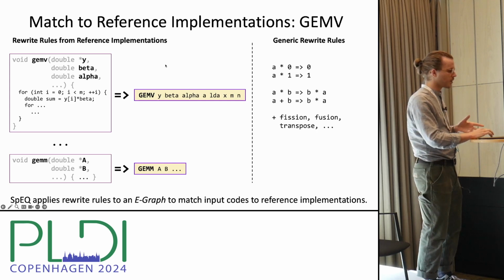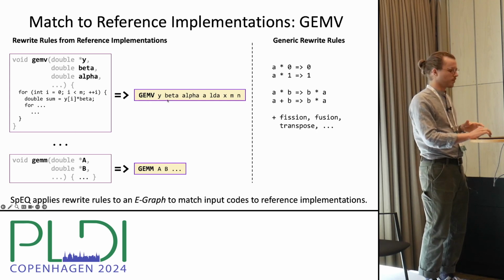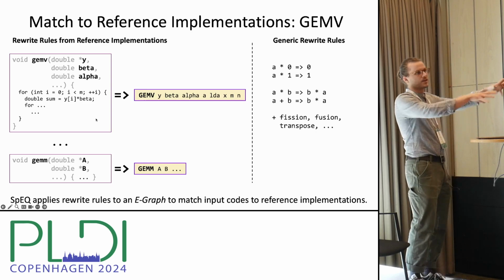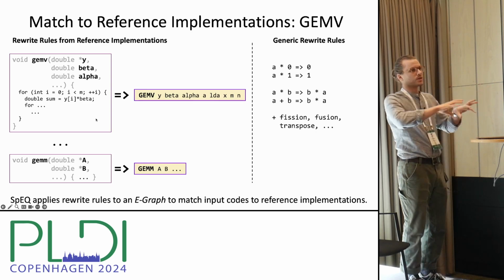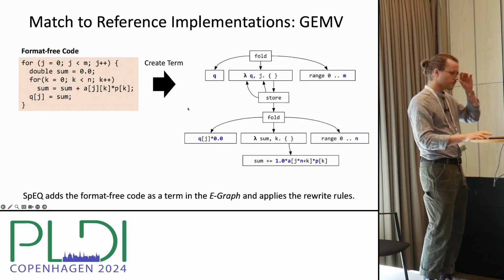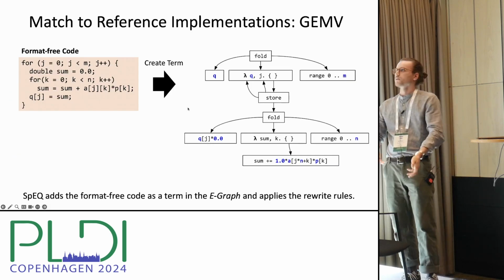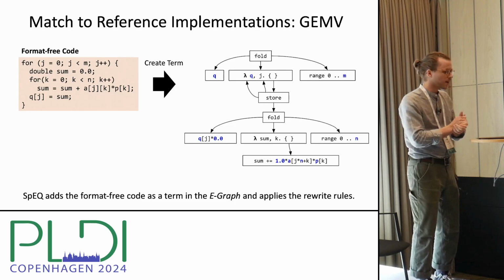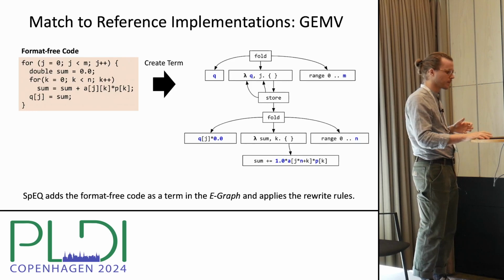And we generate a rewrite rule from each reference implementation. So if you give me a reference for GEMV, then I'll create a rule that says every time I see this in the e-graph, you can just rewrite it to what you can think of as an uninterpreted function label. And then we also take the format-free code that we generated, we create a term out of it and put it in the e-graph.